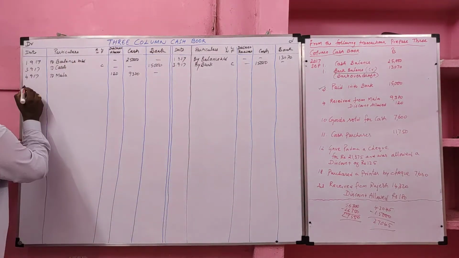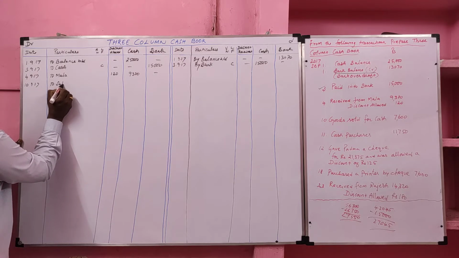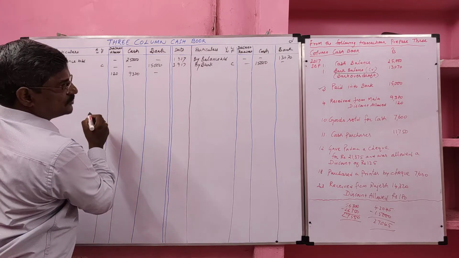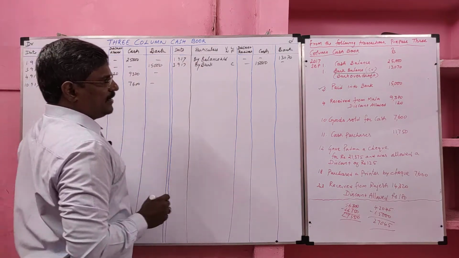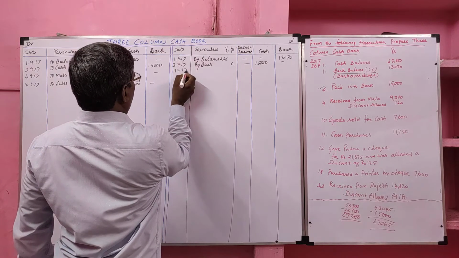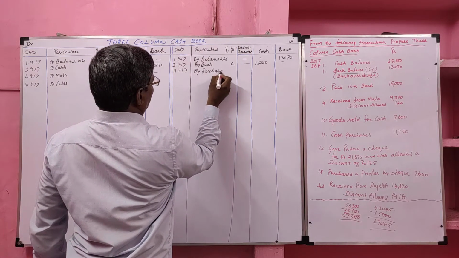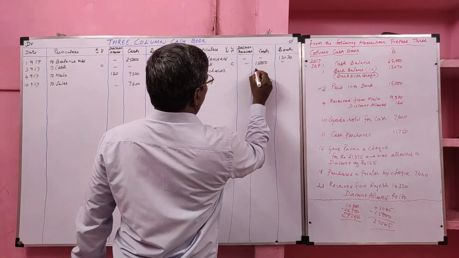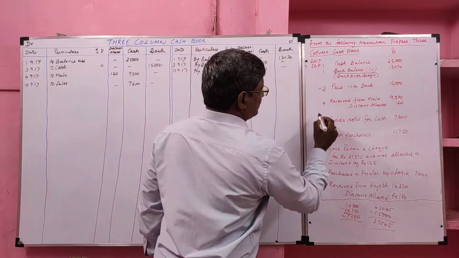It is a receipt, to sales 7,600. Next, cash purchase is a payment. By purchase is a payment made by cash, 11,750.